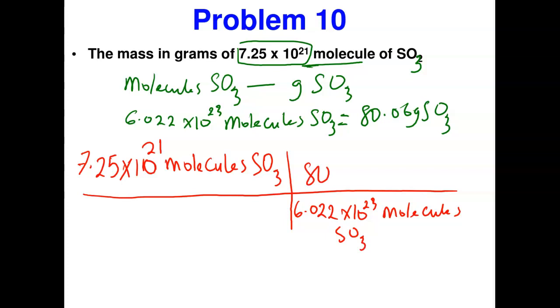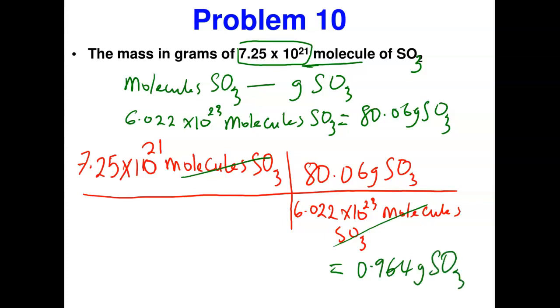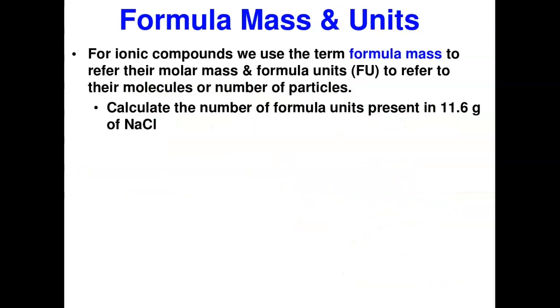And then on top of here, you're going to put 80.06 grams of SO3. Now, again, I'm going to cancel molecules of SO3, cancels molecules of SO3, and my answer will remain in grams. And this is going to give me 0.964 grams of SO3. That is our answer at this point.